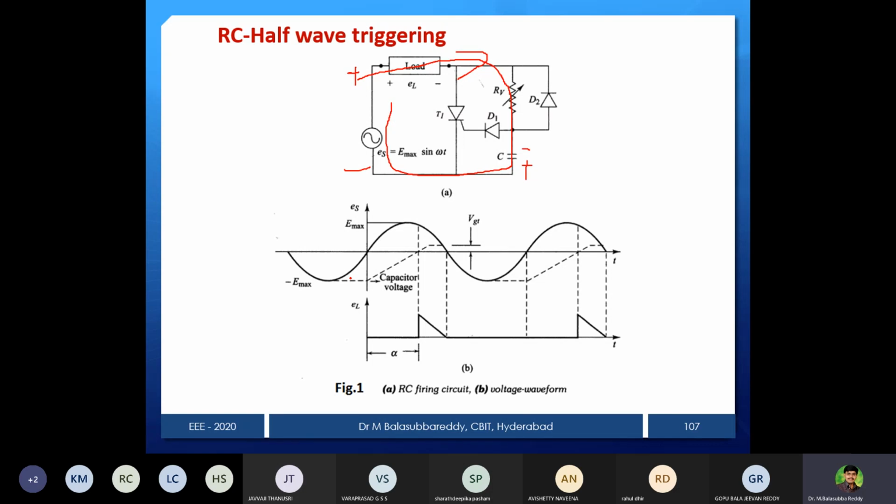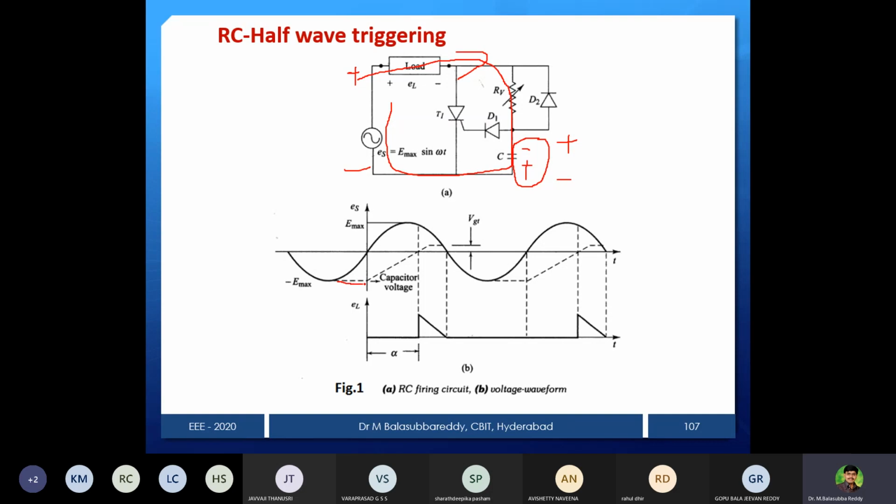You are charging in this direction, adding the positives, then what will happen? Automatically, at a certain point of time, the upper plate will be positive and the lower plate negative. All the negative will vanish, reach zero, and start charging on the positive side. That's what you can see in the dotted line.